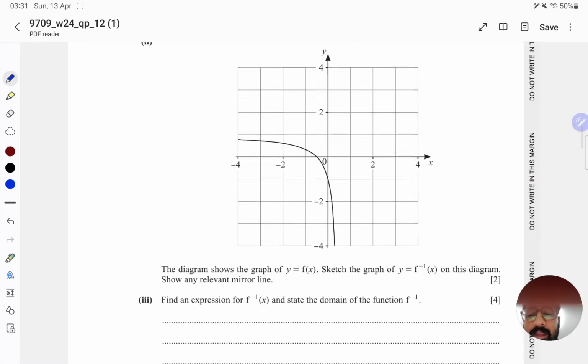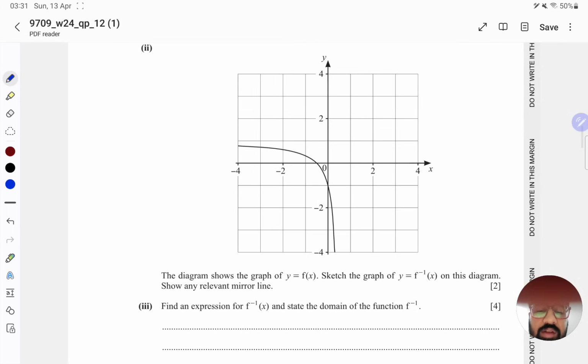Second part says the diagram shows the graph of y equals to f of x and sketch the graph of y equals to f inverse of x on the diagram. Show any relevant mirror line. So always remember that mirror line is the line of reflection across which you are going to reflect to find out the inverse of a function, and that is always y equals to x.